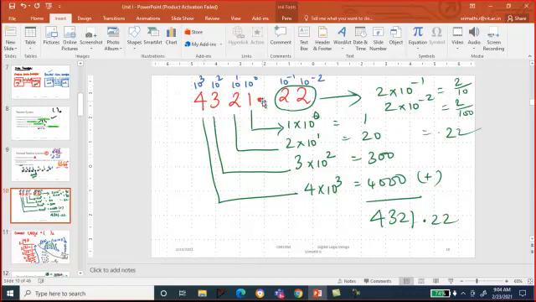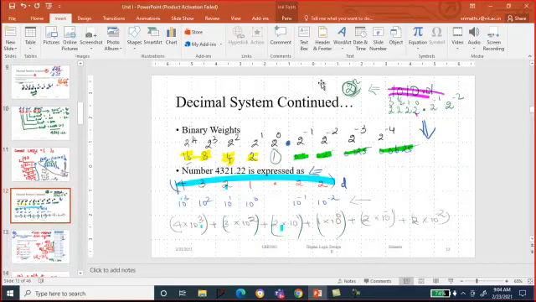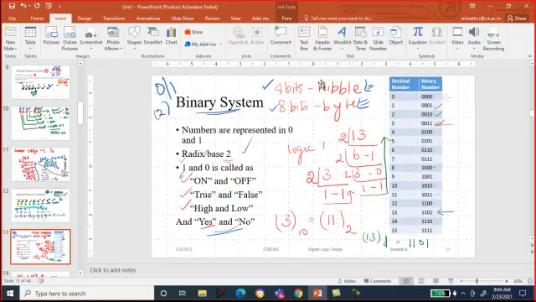Similarly, to the right side of the decimal point, it will be 10 power minus 1, minus 2, and so on. If I need to convert a decimal number to a binary number, we need to divide the decimal number by 2, and then go ahead with that.